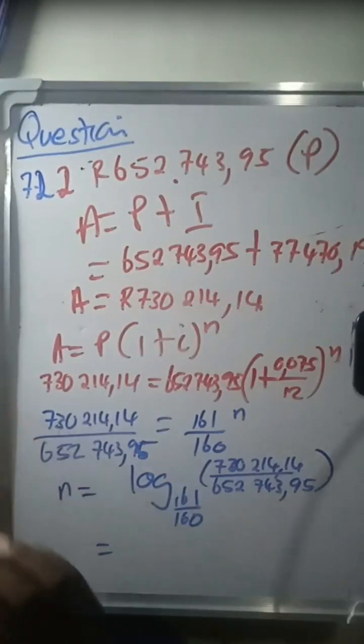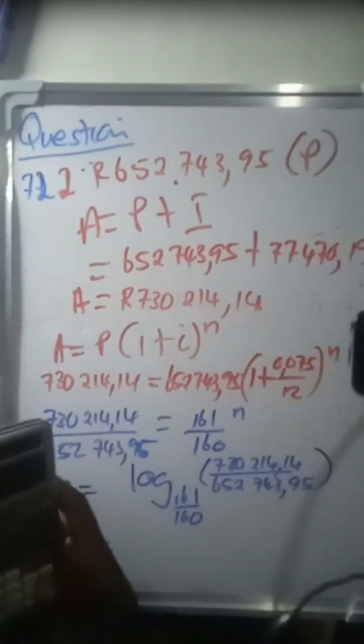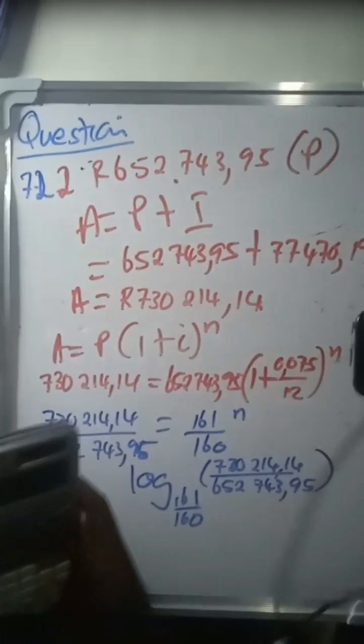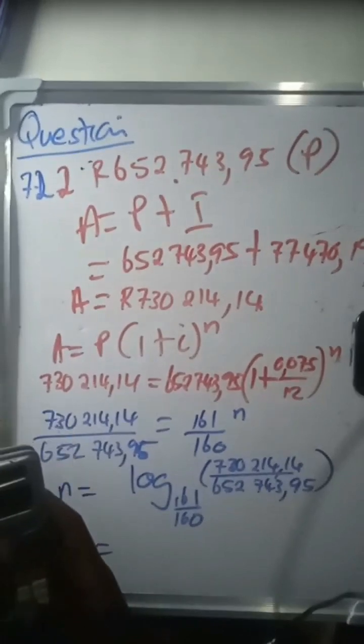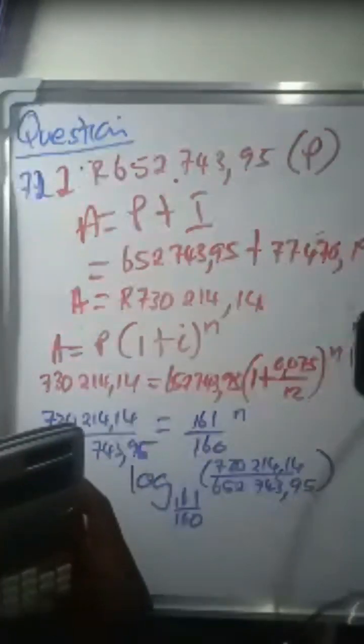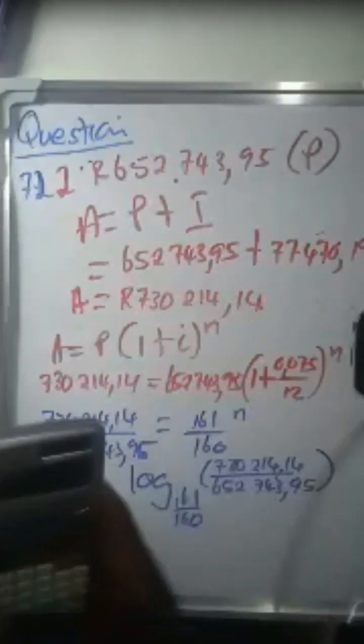So guys, let's take the calculator and use the logarithm. On the base, on G there, that is where you put 161 over 160, then into the brackets 730,214.14 over 652,743.95.